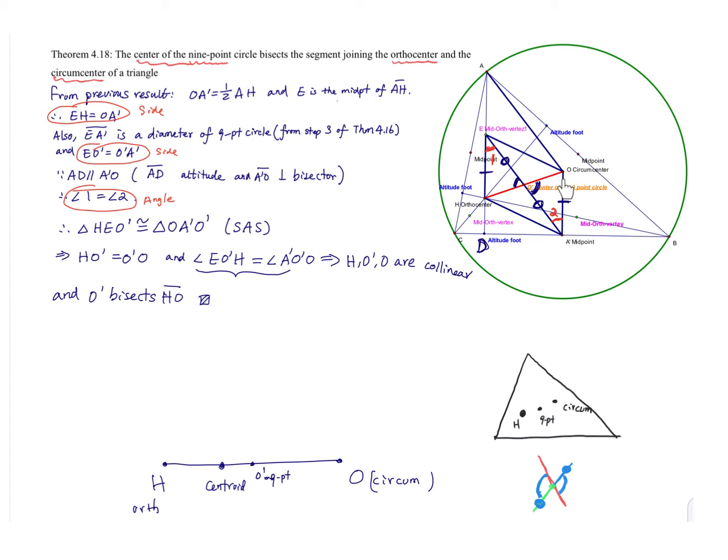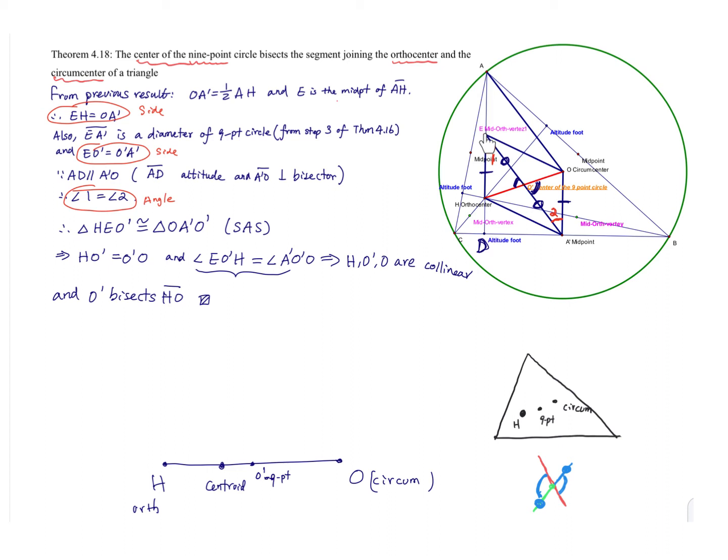Now, lastly, OA' is a perpendicular bisector because O is the circumcenter and A' is the midpoint, so OA' has to be perpendicular to CB, which means this angle is 90 degrees. Similarly, AD is an altitude because H is the orthocenter, therefore this is also perpendicular.